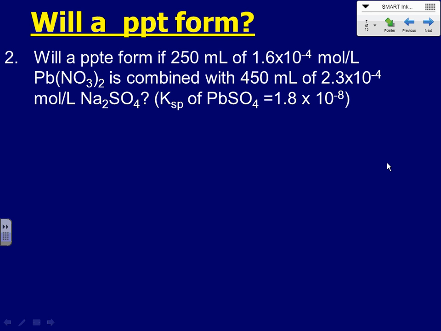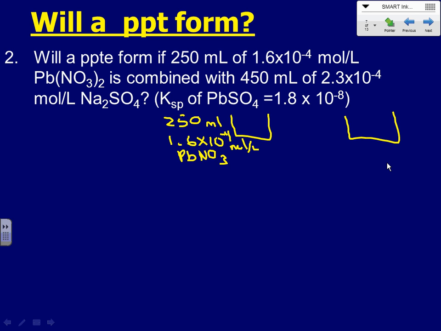So I'm going to need the lead ions and the sulfate ions after dilution. Again, I like to draw a little picture when I'm doing the dilution situation, just to gather all of my information up. I have 250 milliliters, and this is 1.6 times 10 to the minus 4 moles per liter, Pb(NO3)2.